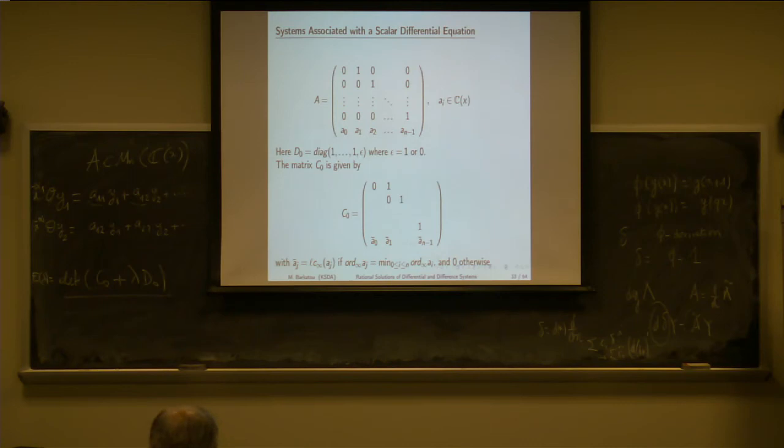This is true too for systems that are associated to a single equation. If you start with a single scalar operator, and you write the companion matrix, and you apply this method, you get D0 with 1, 1, 1, and epsilon either 0 or 1, it depends, and C0 is given by the leading coefficients at infinity, and the order is minus the degree.